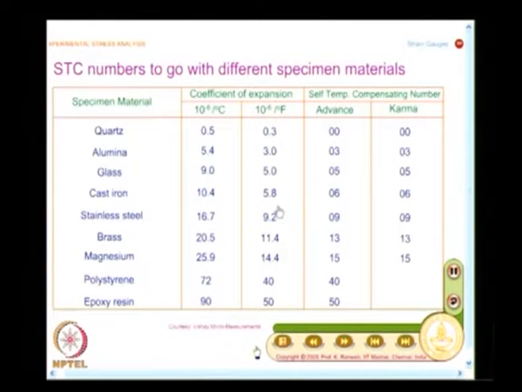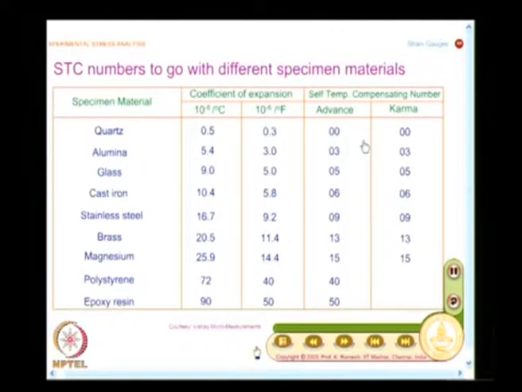It is 5 pointed, you make it as 6 here, 9, 13, 15, 40, 50, and whatever that STC number for a particular specimen material, it is given the same number when you make it out of advance alloy or Karma alloy.